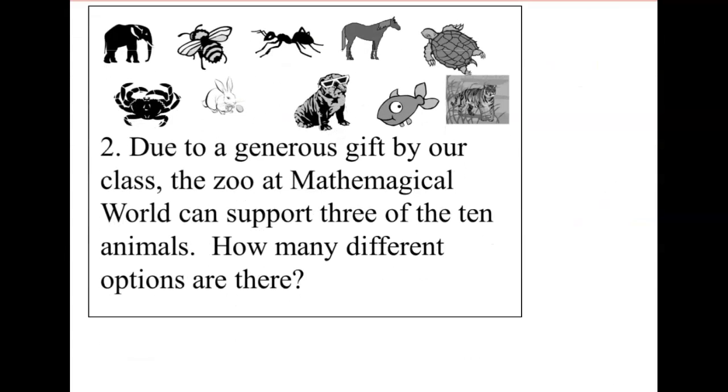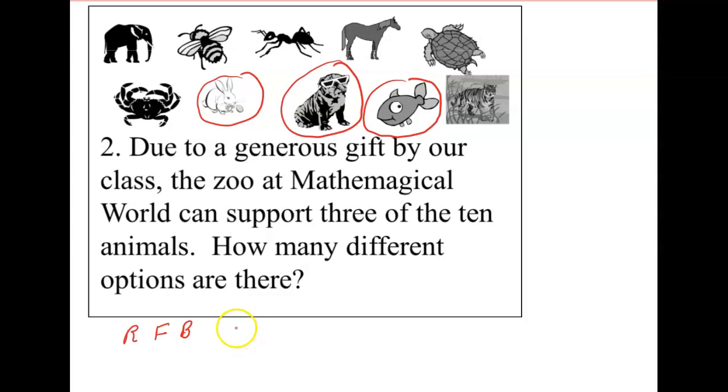Now, let's suppose, due to a generous donation, you're now able to support another animal. So rabbit, fish, and let's pick the bulldog. No, you picked the bulldog, the fish, and the rabbit. Well, does it really matter? No. It doesn't matter how you rearrange rabbit, fish, bulldog.